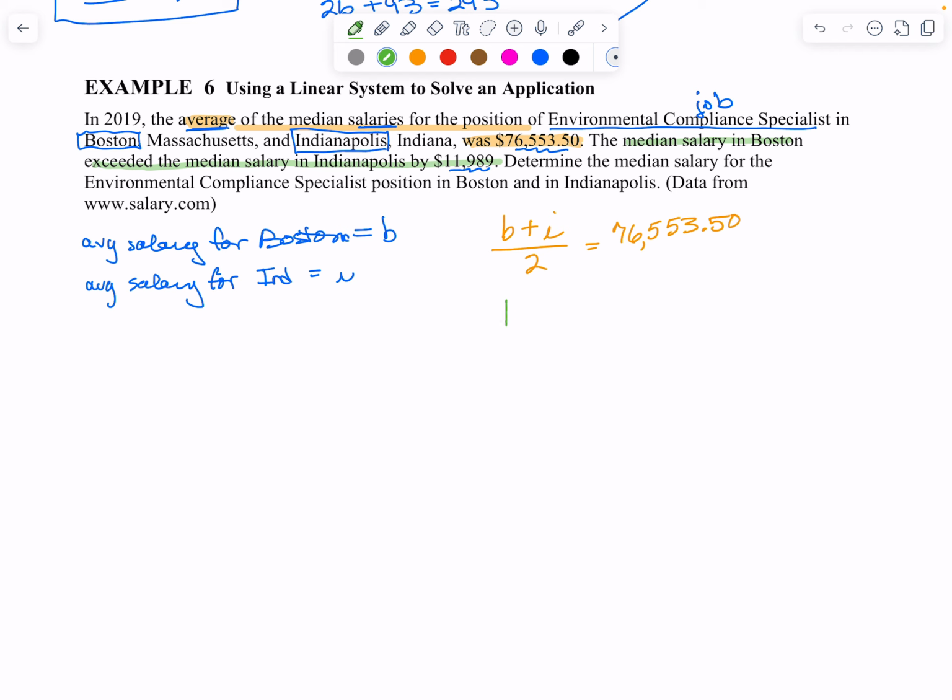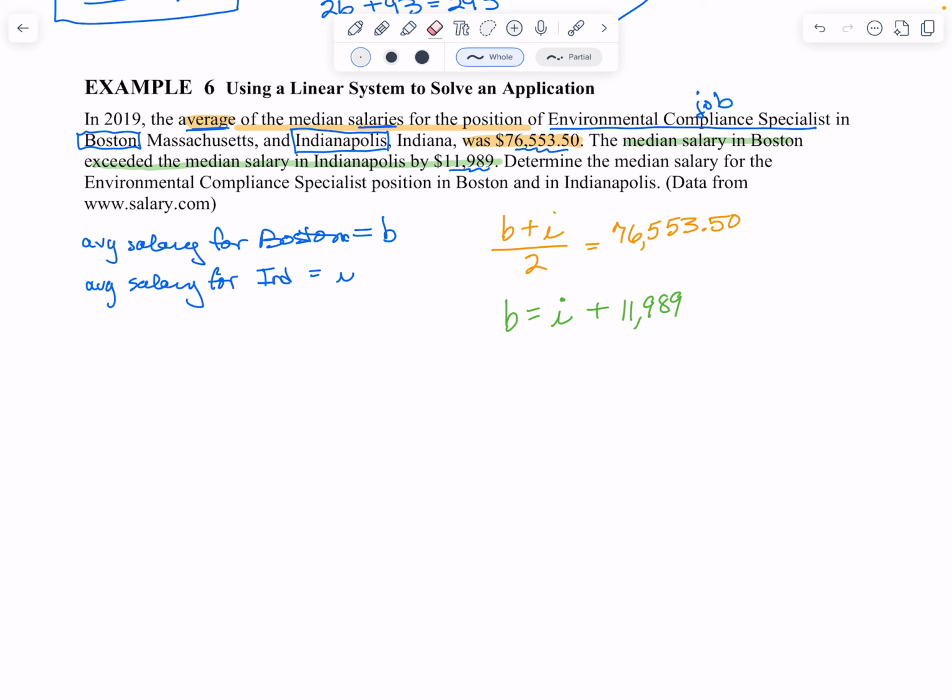So my Boston is going to be my Indianapolis plus that 11,989. Again, if you think, I don't think of Indianapolis being Boston minus that. You could do that too. It doesn't matter. Either one of them works. Okay, so now we've got two equations.